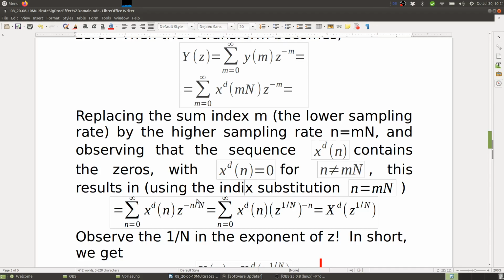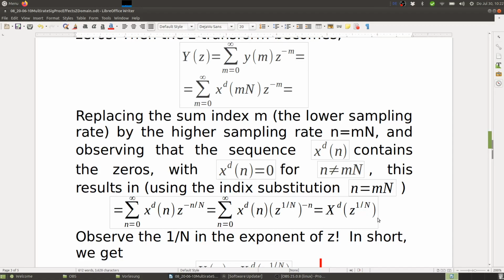And here we can see instead of m, we have n divided by N, right, from the index substitution. Here we don't really need to change anything because mN turns into lowercase n. And this then gives us the Z-transform. Here we have the Z-transform of x_t, but now with the argument z to the power of 1 over N.